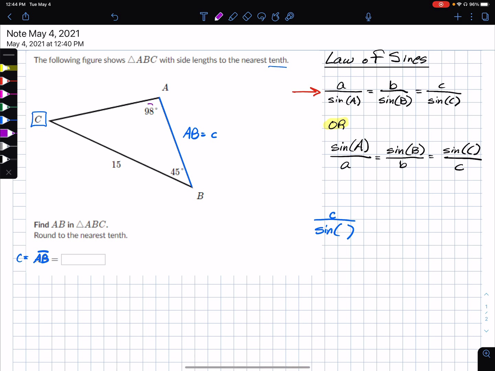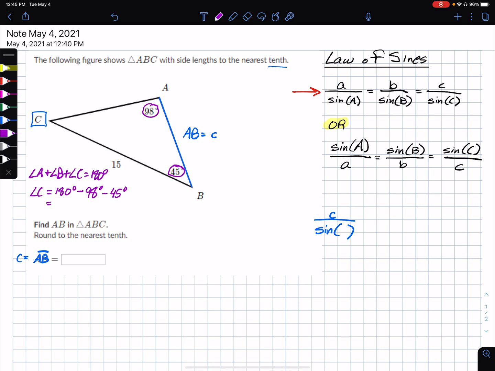When you have two angles given in a triangle, we get to cash in on the triangle sum theorem that says angle A plus angle B plus angle C all have to add up to 180. So if we do a little subtraction, we can find that angle C is just 180 minus these other two angles, so minus 98 and minus 45 degrees.